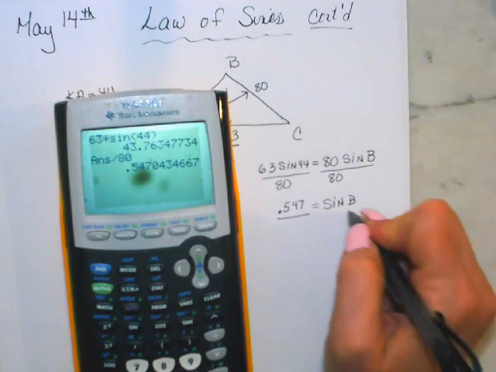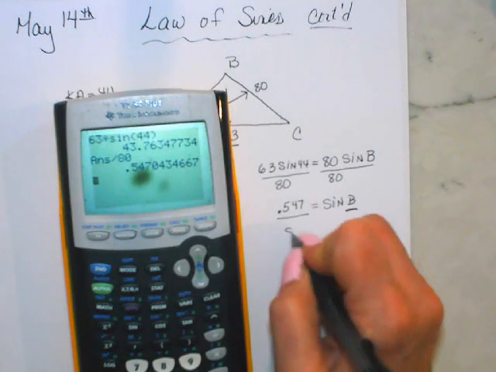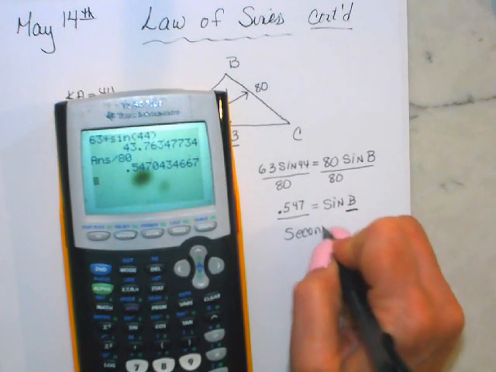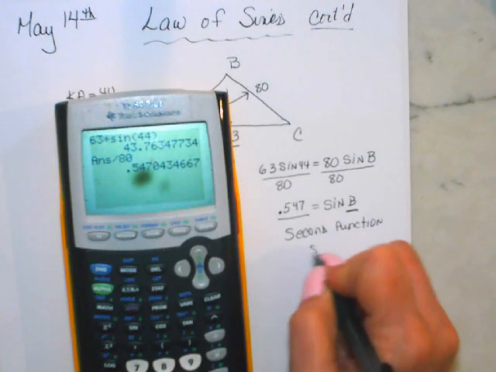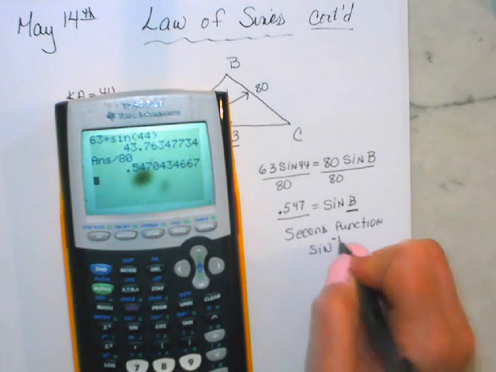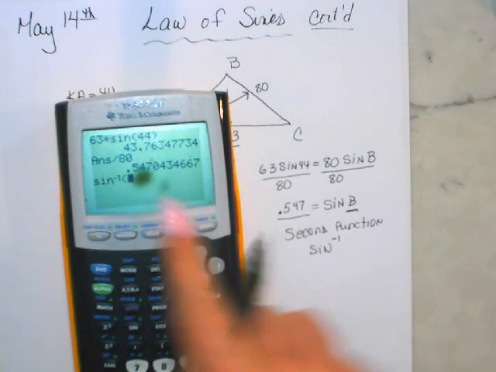But that doesn't tell me the angle. Remember, in order to find the angle when you're dealing with sine, it's a second function. You have to hit sine to the -1, so I have to hit second sine.